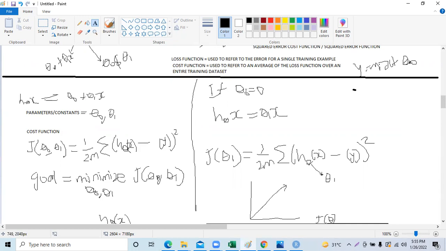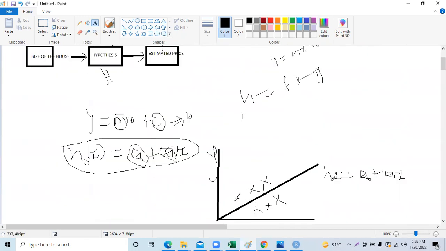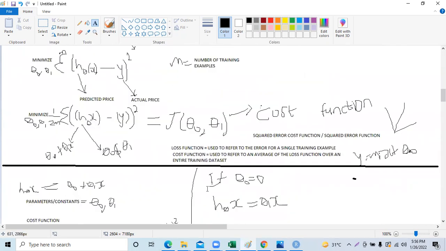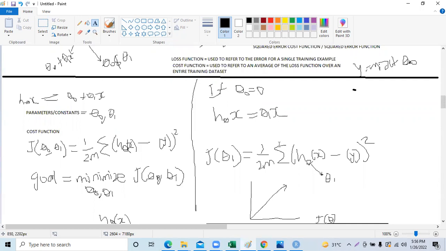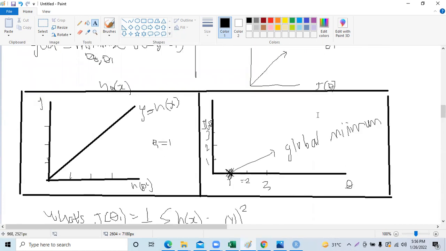So if theta 0 is 0, then our h of x, which used to be theta 0 plus theta 1 x, would now be theta 1 x. Instead of theta 0 and theta 1, we just have theta 1 in our cost function, and our graph will give us something like this.